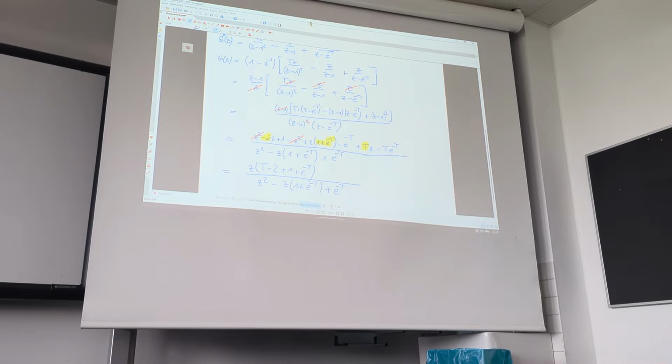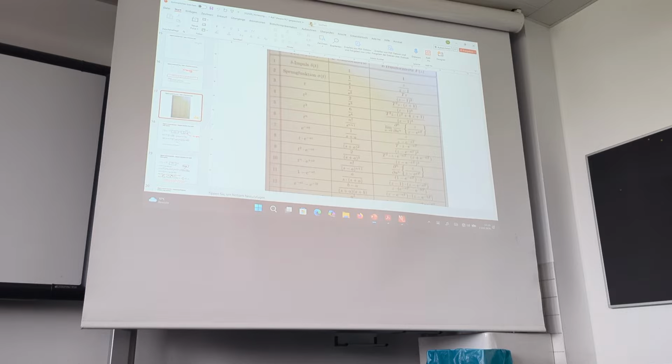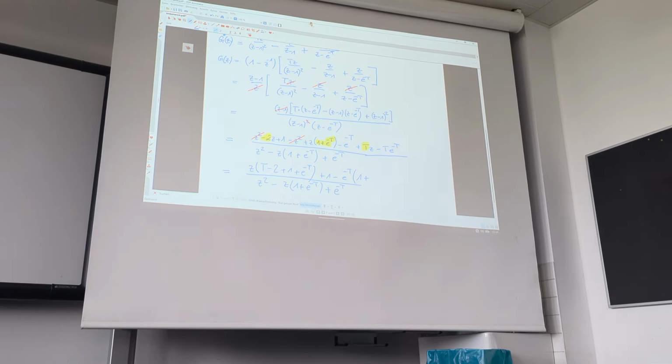And then just the constant part remains, which is 1, and then minus e to the power of minus t, which we have 1 times plus t times. Okay.